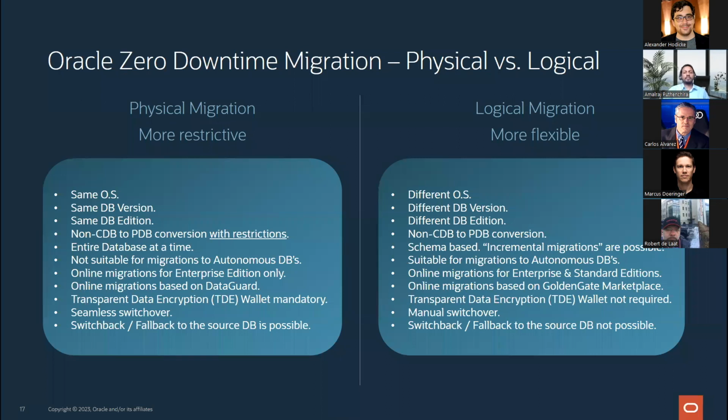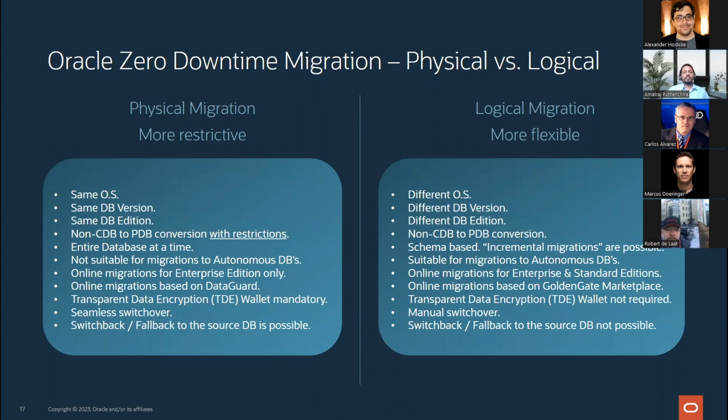So just to summarize, these are the differences between physical and logical. The physical migration in general is more restrictive, because you have to have the same operating system, same database version, and same database edition. You can do conversions from non-CDB to PDB, but with some restrictions.